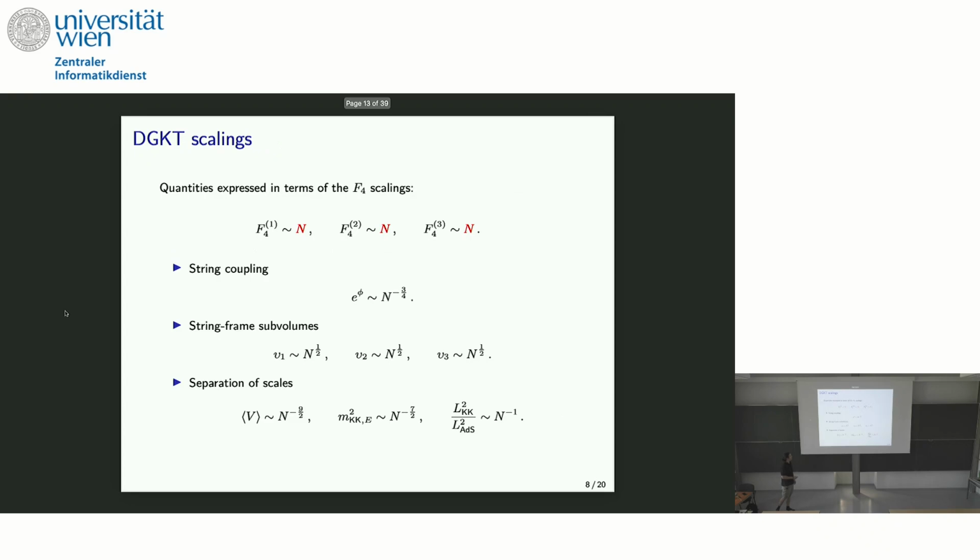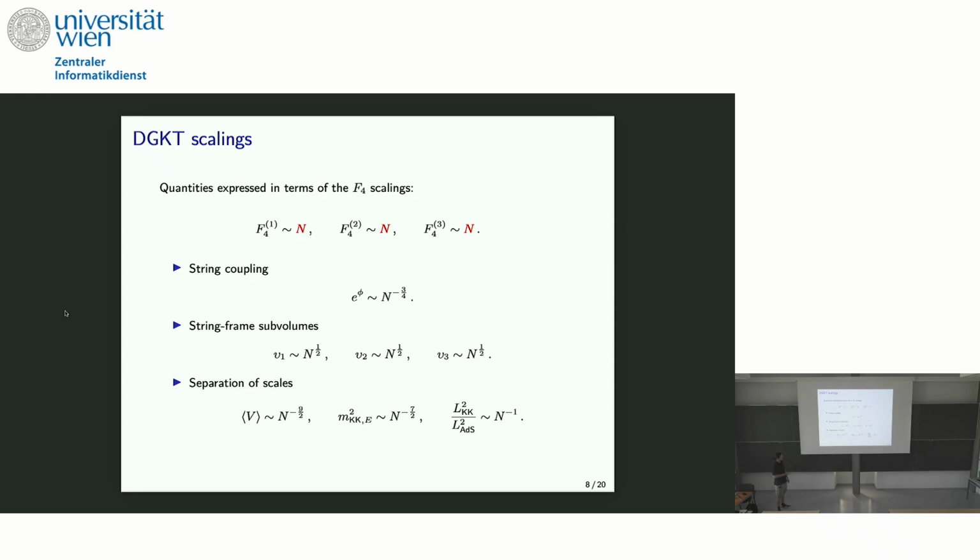So in DGKT, we know that those quantities behave in the following way. The 3 F4 fluxes are the same. And if you perform the scaling analysis, you will find that g_s is expressed like this. So for large values of n, which is the unbounded flux, the string coupling becomes very small. Okay, so for large values of n, we are at weak coupling regime.